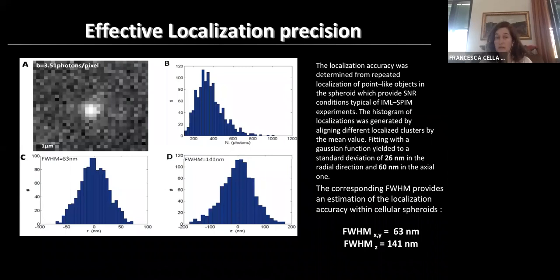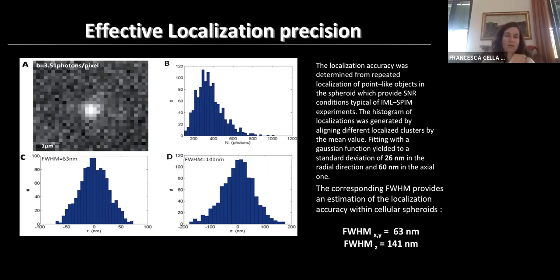And then we can go to the real sample, inside the mammary cell spheroid, and try to measure the effective localization precision. If we find single molecules and make repeated localizations of molecules deep into the sample, we can have a distribution in the radial and in the axial direction, and we can compute the precision, for example, as a full width half maximum.